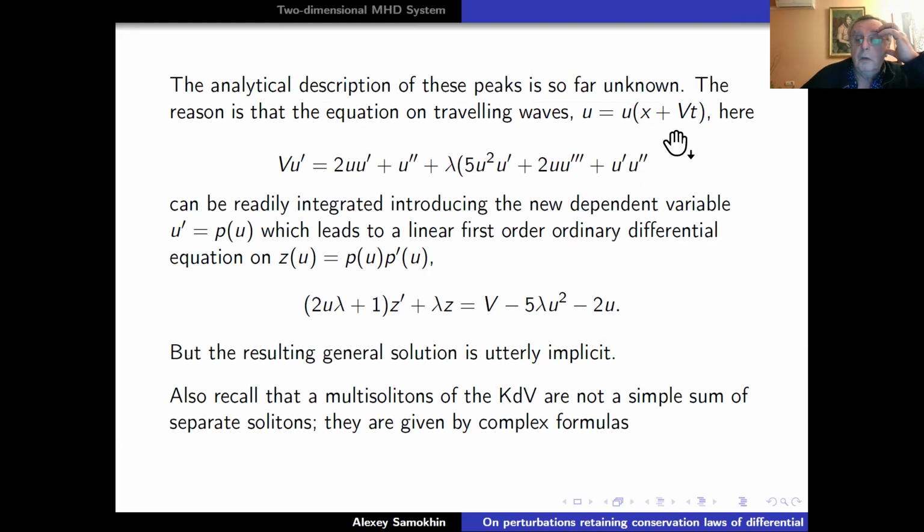The equation for triangle solutions is a rather simple one. Well, we'll just assume that U is U of x plus Vt, and this equation is integratable.